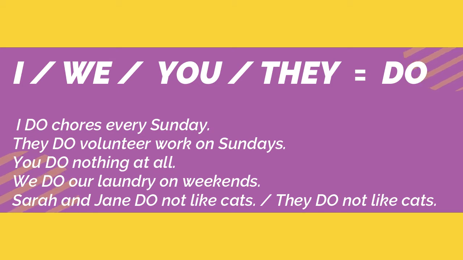The verb do is what we need to complete the sentence. So I could say, I do chores every Sunday. This is a routine in the present simple because my subject is I. Then I need do. Next is they do volunteer work on Sundays.